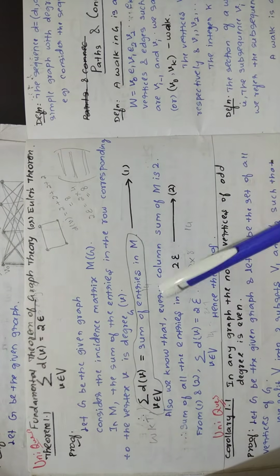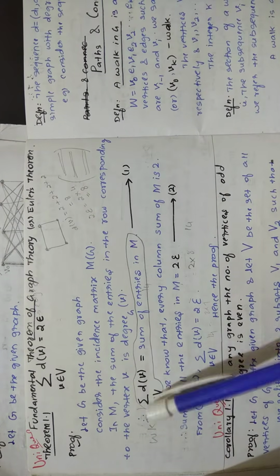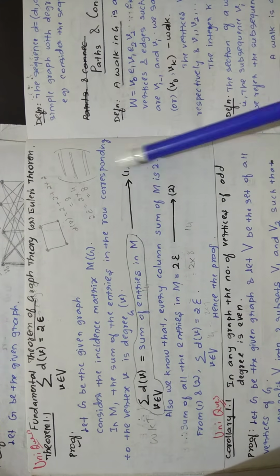So here, in the next line, write the left hand side of the statement, and that is equal to the sum of entries in M. M means what? This incidence matrix. You write like this, we know that, and then write this sentence. Mark it as equation number 1. Also we know that every column sum of M is 2.